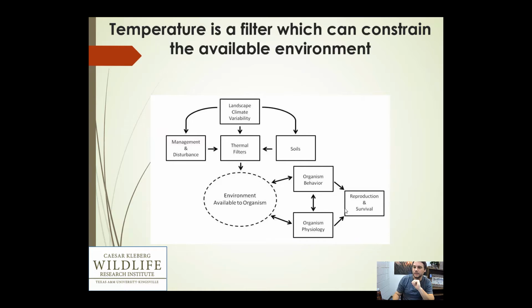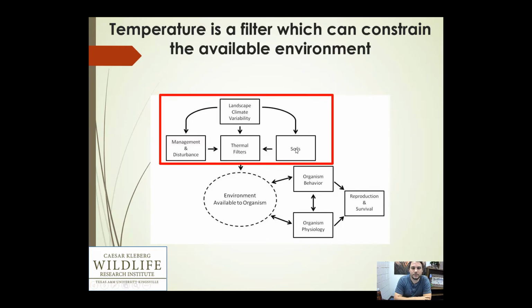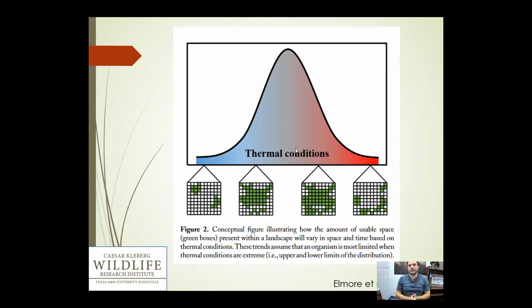So for this first part, I'm going to focus on this top schematic, okay? We're going to take a deep dive into how vegetation and heterogeneity in landscapes drive thermal patterns. If we think about a range of thermal conditions, all the way from the coldest to the hottest thermal condition that can exist at a certain point on Earth, we can take a theoretical landscape, this gridded square down here.